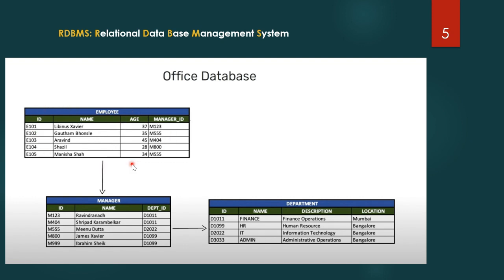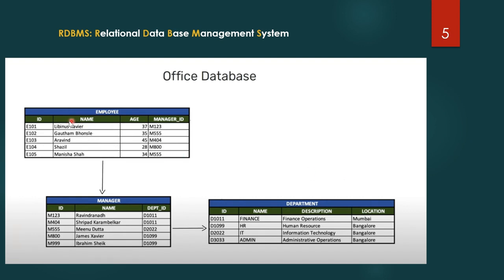We limited specific information to the employee table: employee ID, employee name, age, manager ID. Because we break down the data and have to connect them, whenever we want to see them together we use a function to connect them. We can see this table here and this table here, and then connect all of it together to use the information, which I'll teach you in the future.